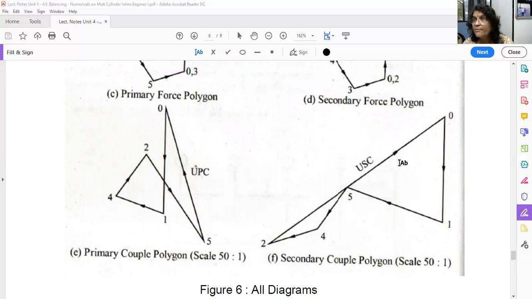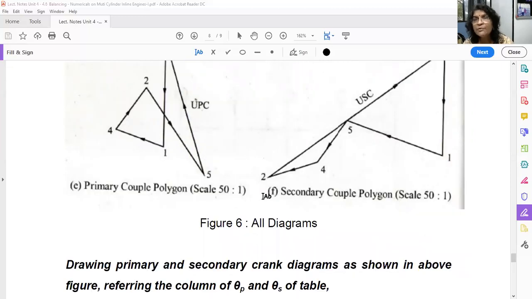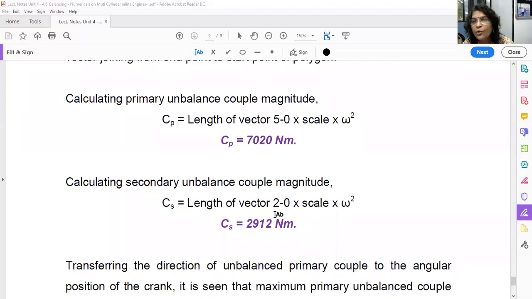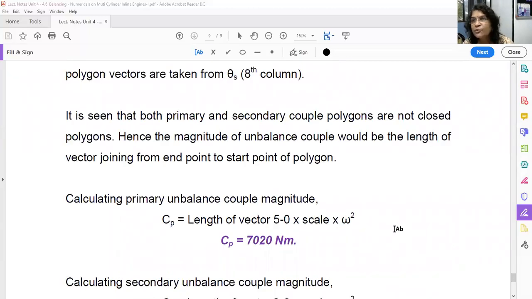See how much is the length, how much is the magnitude, so much high. Why is it so high? Here also, because we have taken the firing order 1, 2, 3, 4, 5. So how to calculate this secondary couple now? See, the length of the vector 2O.